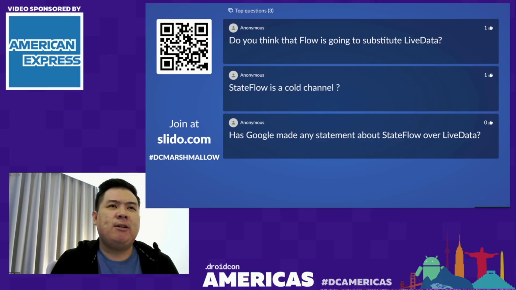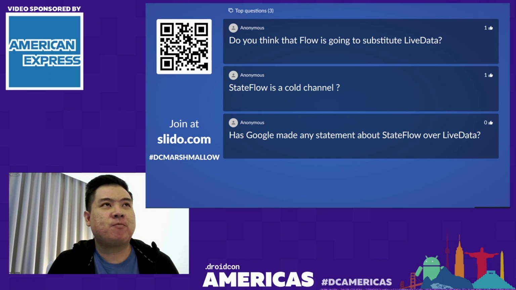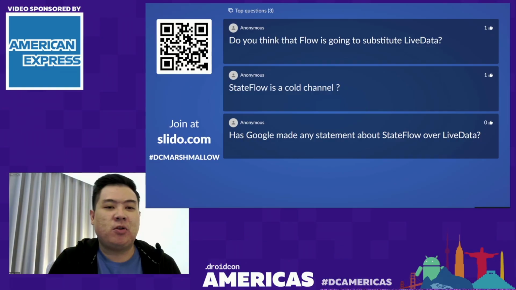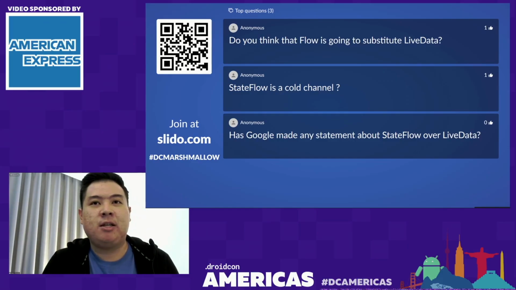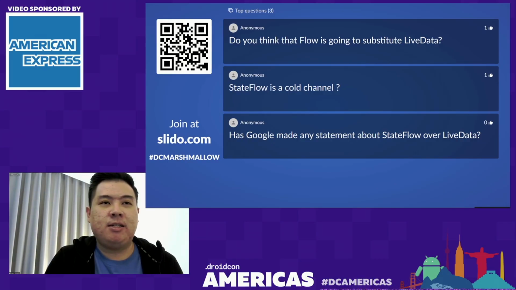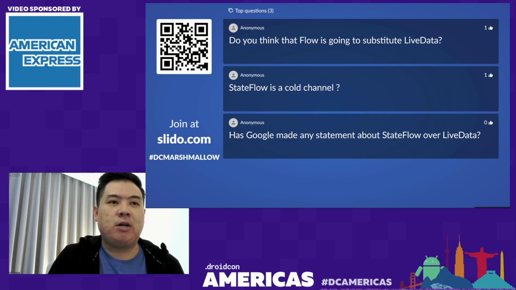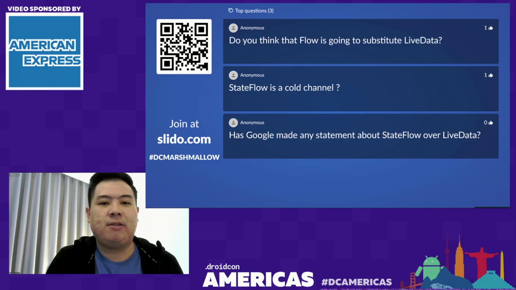But to me, there is no valid source or strong argument considering the difference in subscription behavior, like what I told you earlier: whenever we use live data and the observe function, the initial state might not be emitted, while when we use StateFlow, we'll still have the initial state collected.